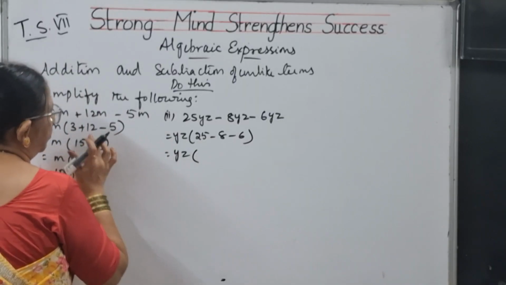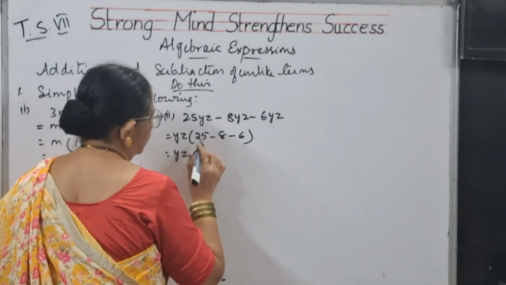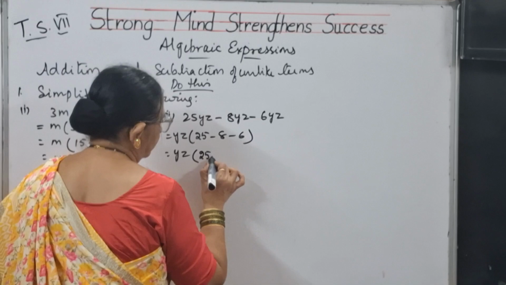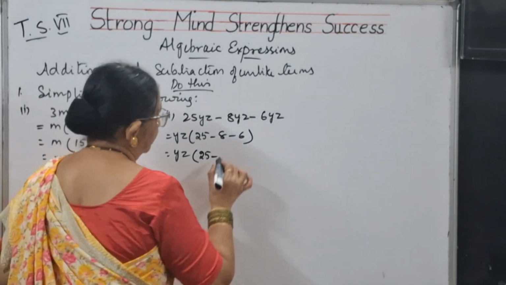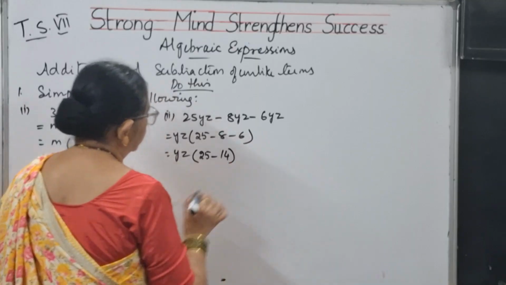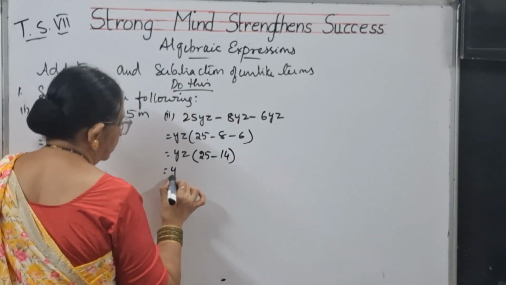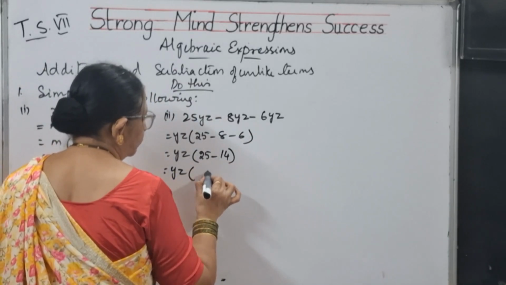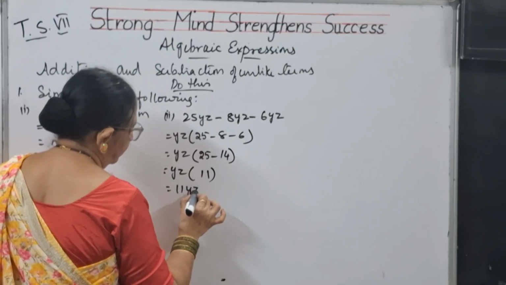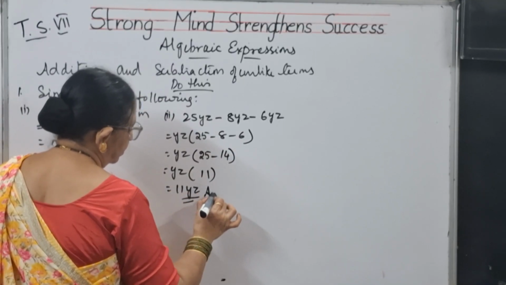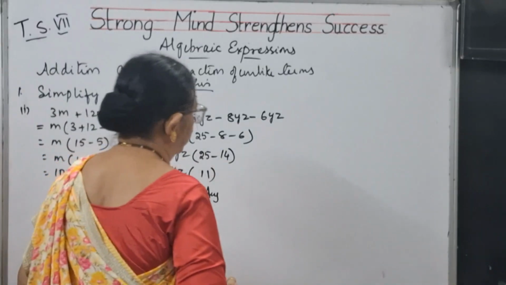Here you have two minus signs, so 25 you take as it is. You now add the two minus numbers: 8 plus 6 is 14. So 25 minus 14 is 11. So the answer is 11yz for this bit, children.